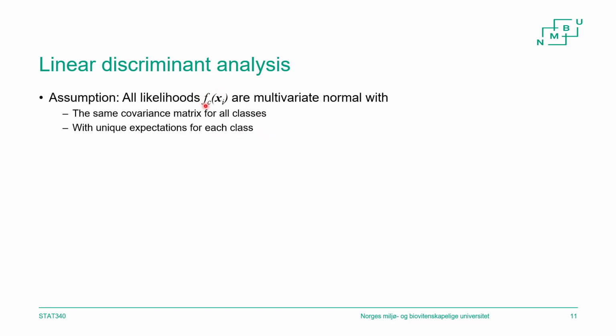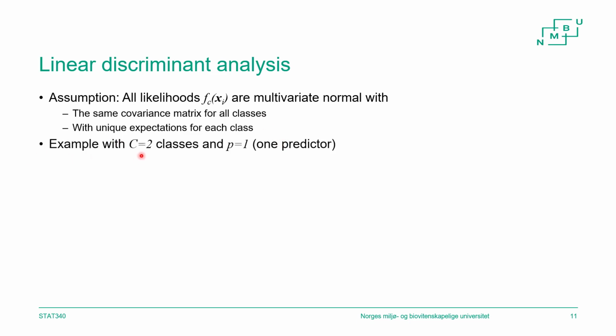It means these likelihoods are normal distributions, and each class has its own location, the expected value, where the top of the distribution is located along the x-axis, but they all have the same spread. They all have the same width. That's common to them all. That's the assumption of LDA.